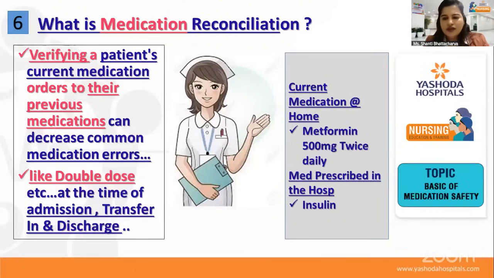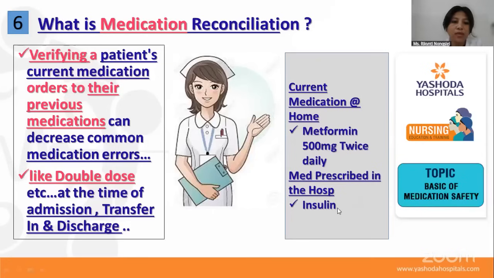Yes, ma'am. Medication reconciliation is very important because it is the process where we compare the patient's present medication orders to the previous ones, which they took previously. So sometimes there are errors. For example, the current medication at home is metformin 500 mg twice daily, but in the hospital they may have been prescribed insulin.